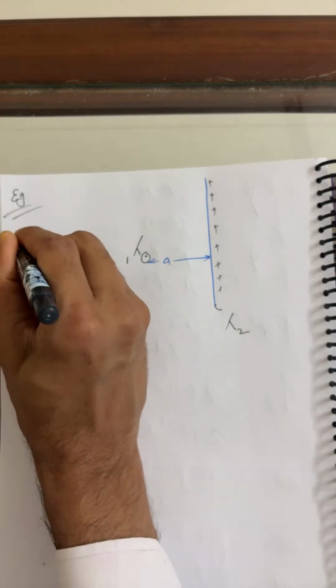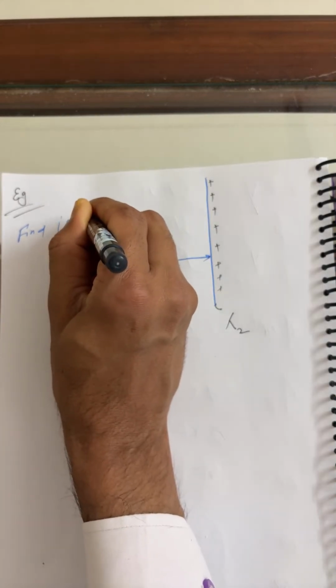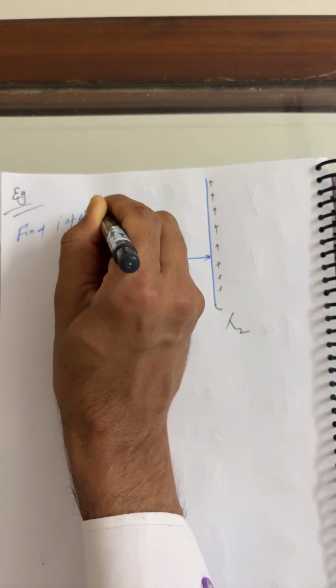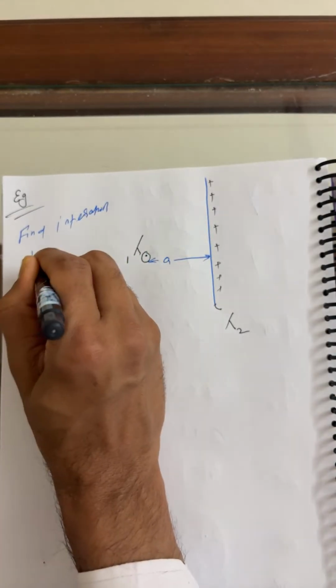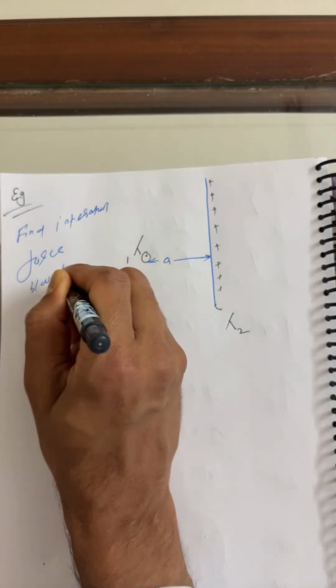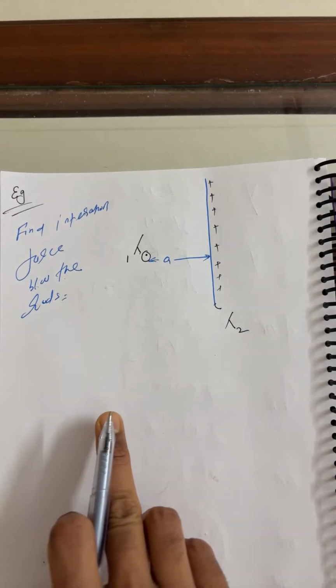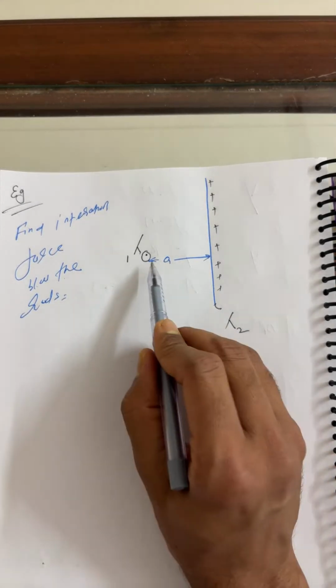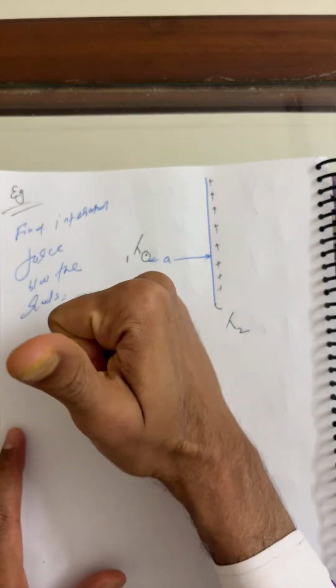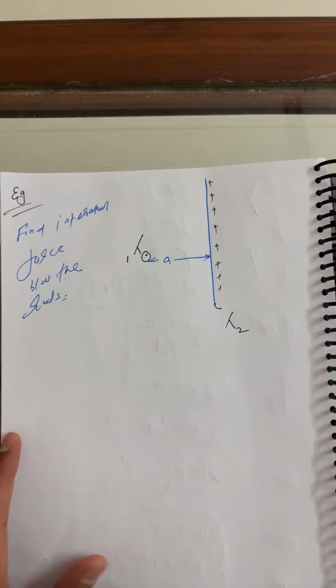So we have to find the interaction force between the rods. This is the question here. This is the outward direction.